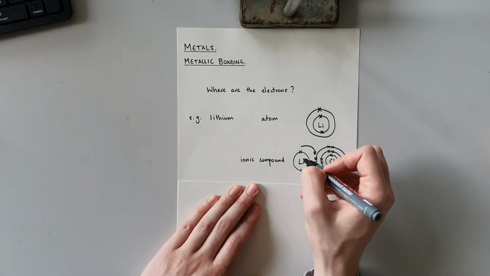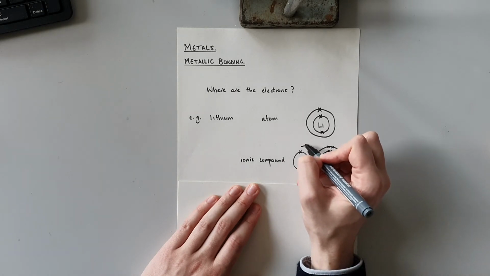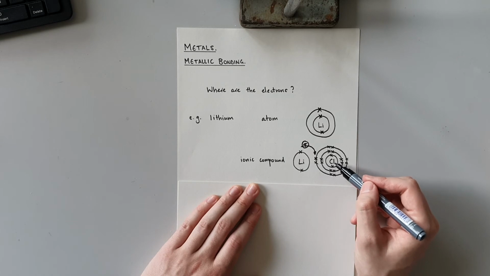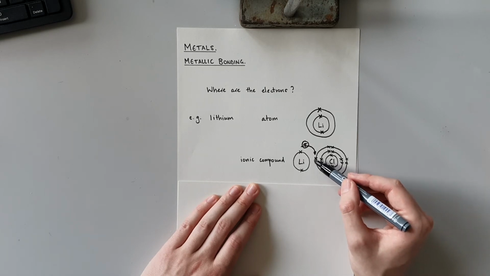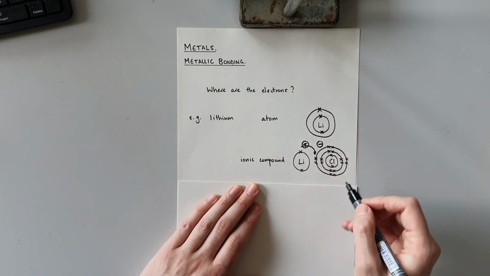In doing so, the lithium, because it's lost a negative electron, will become positively charged overall. And because the chlorine has formed a chloride ion and has gained a negative electron, it will be negative overall.